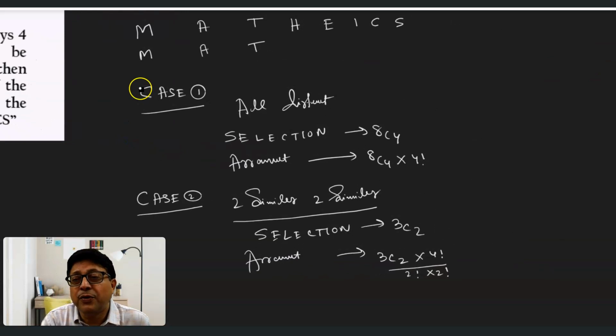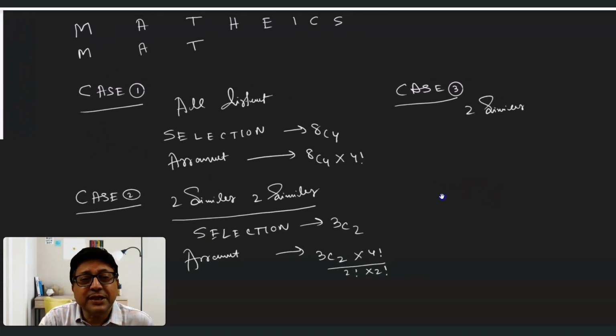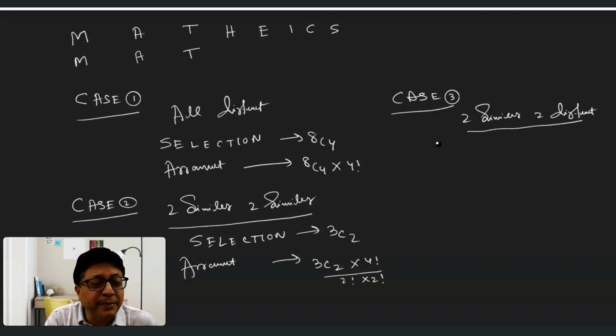Now let us go for case 3. Case 3 means we will be selecting two similar and two different. Let us consider this case where two similar and two different are there. Two similar, two different means out of these three pairs you will be selecting one.